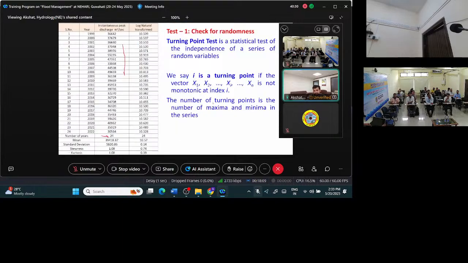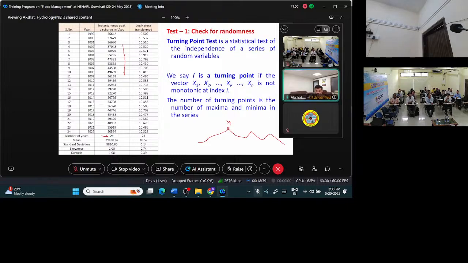There is a thing known as turning point. So what is a turning point? A point Xi is a turning point if the series is not monotonic at i. What does that mean? Consider this is the data series.